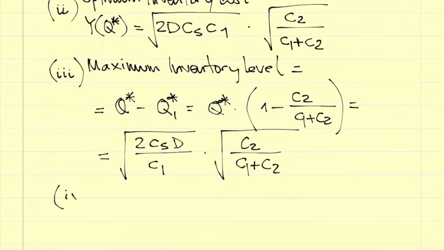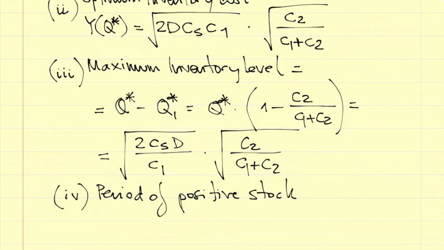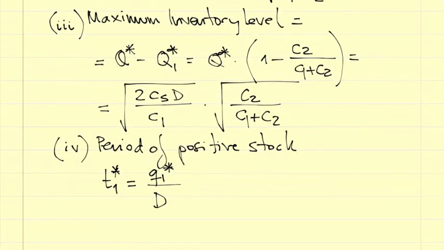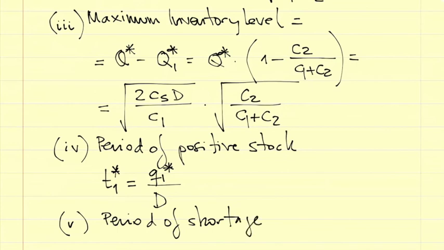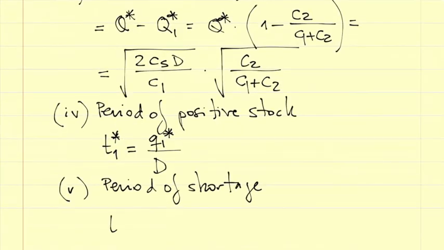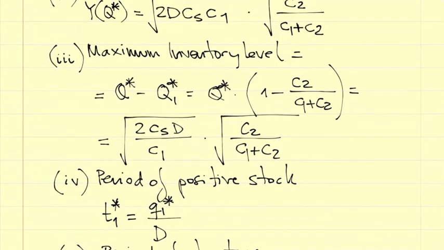The period of positive stock is T1 star equals Q1 star divided by D, and the period of shortage is T2 star, which is T star minus T1 star.